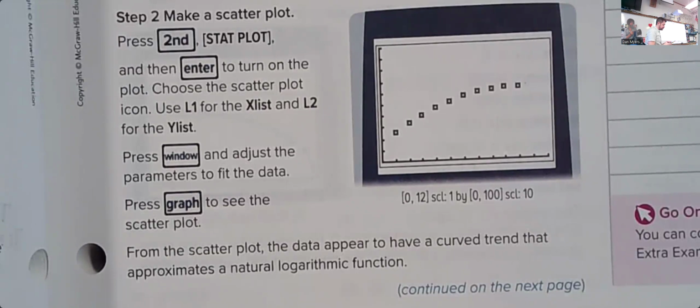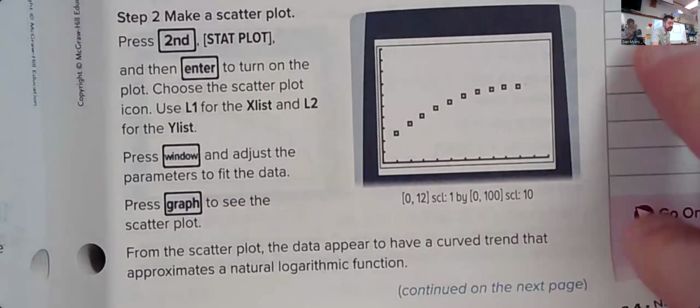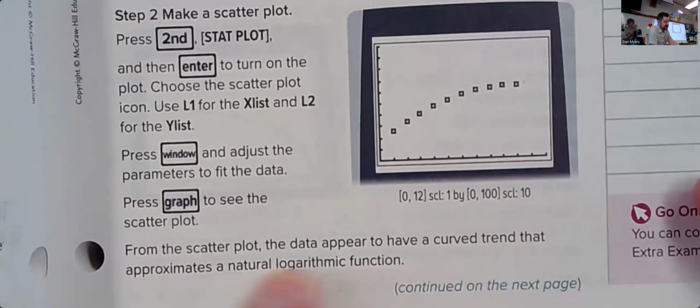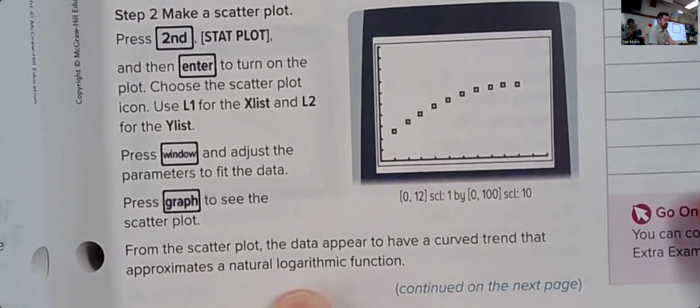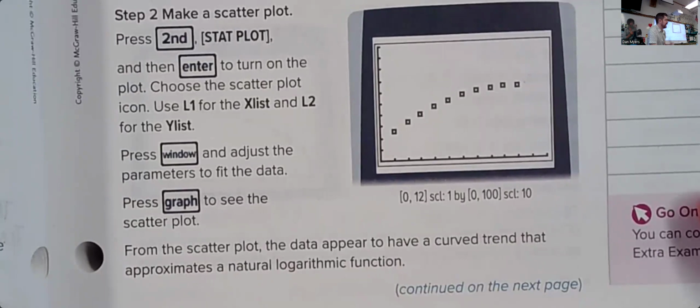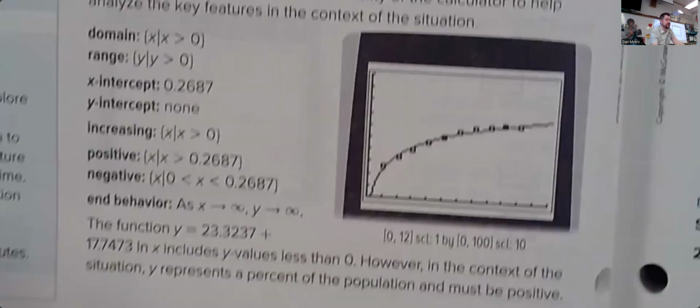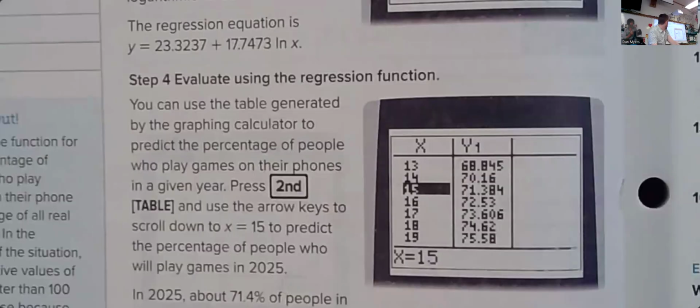It says, from the scatter plot, the data appear to have a curved trend that approximates a natural logarithmic function. So basically, if you were to type in ln(x), it would have that kind of shape to it. So what we're going to end up doing is calculating a logarithmic regression.